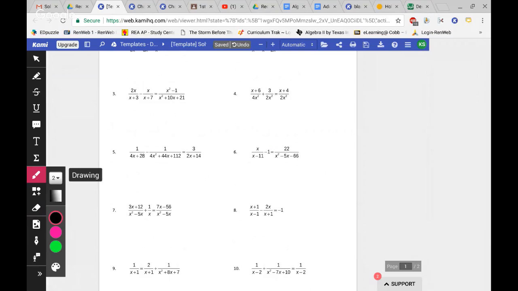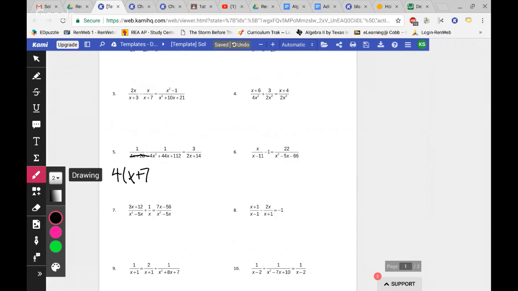What you're going to want to do is factor each individual one into its smallest terms so that you can make sure you're incorporating each individual factor into the least common multiple. In this case, you would pull out a 4, and that would leave you with x plus 7.